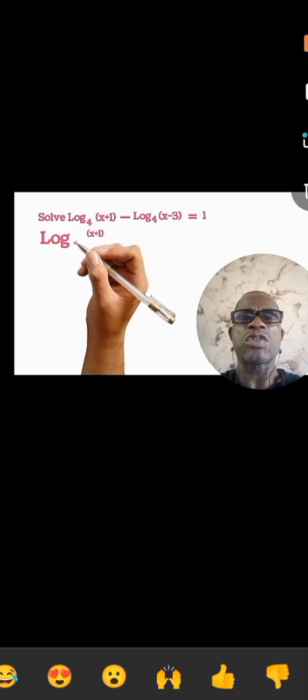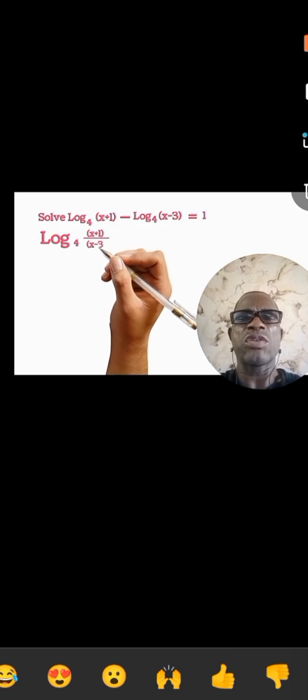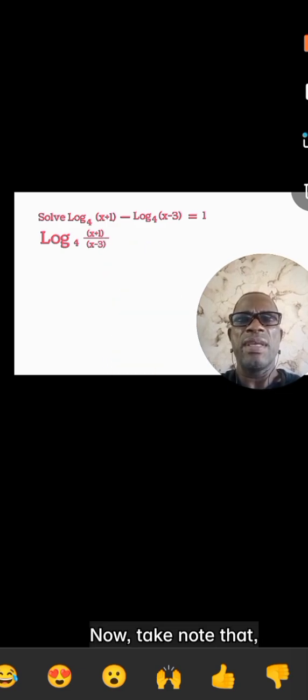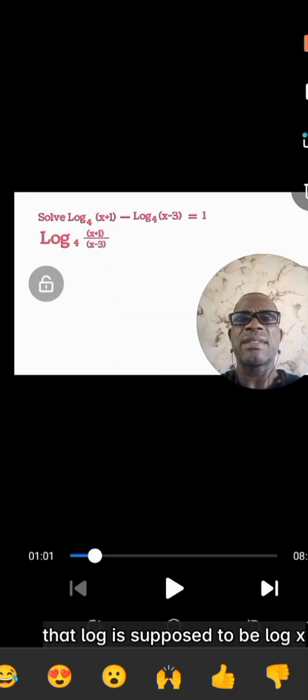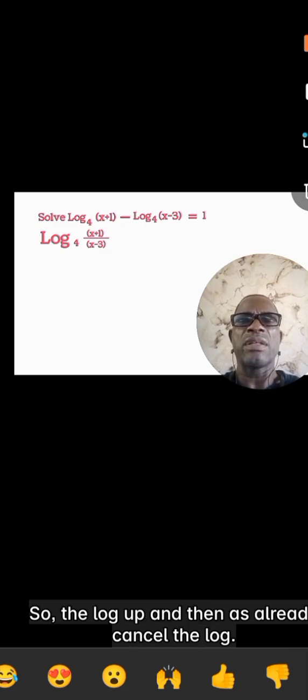So it becomes log base 4 of (x plus 1) over (x minus 3). Take note that the log is supposed to be log of (x plus 1) over log of (x minus 3), so the log up and down has already cancelled.